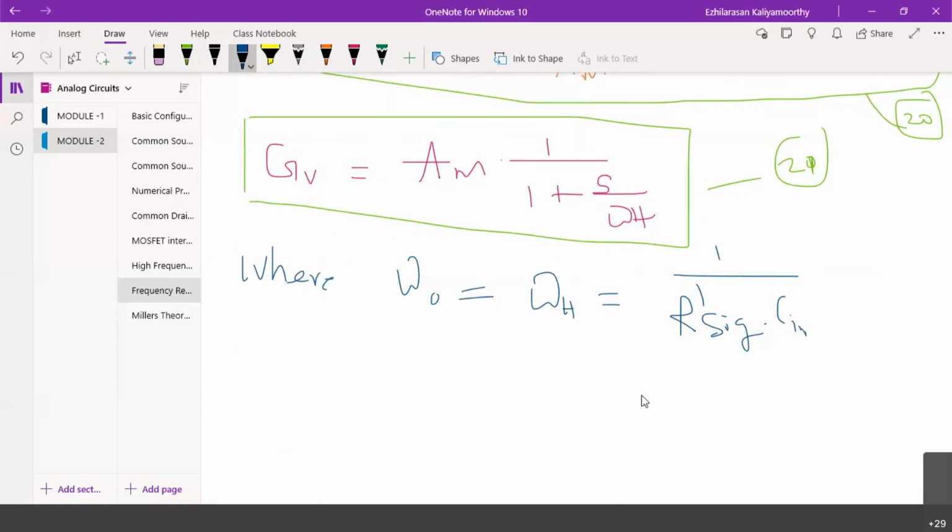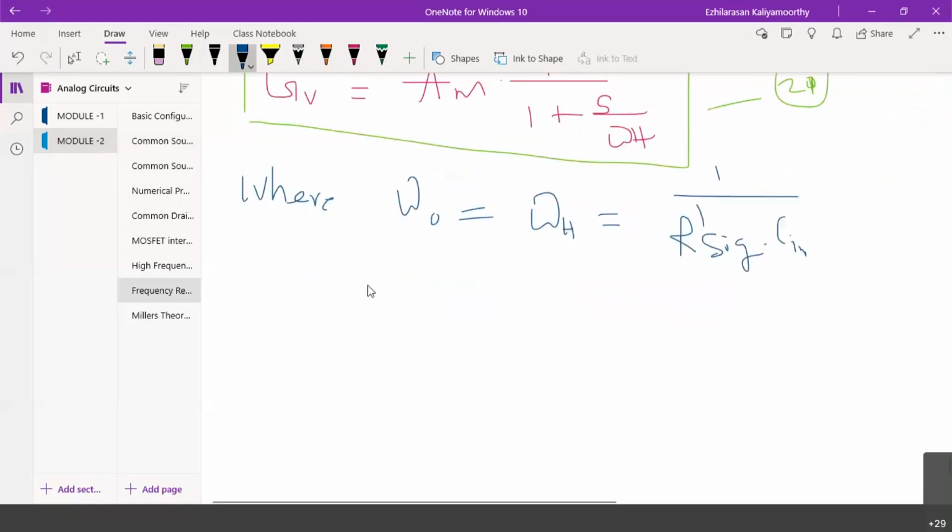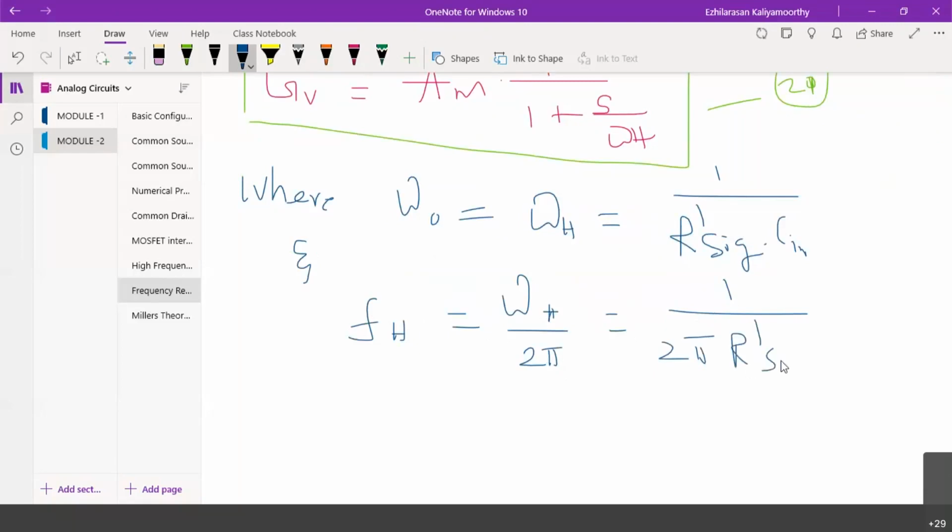Now from this, FH we already wrote. This is nothing but the higher cutoff frequency, where FH is equal to omega h divided by 2 pi, because omega h is equal to 2 pi FH, which is equal to 1 divided by 2 pi R dash signal dot C in.